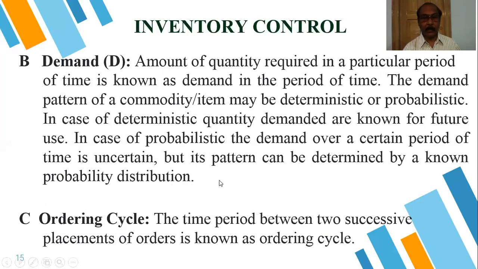Suppose in the first month, January, we place an order, and in April we place an order. The time gap in between is known as the ordering cycle. From that we can calculate how many orders we place in a year.